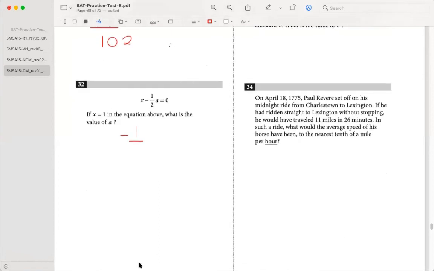Okay, moving on, 34. In miles in 22 in 26 minutes per hour. So what do you guys think the answer is for this one? This one's pretty straightforward.